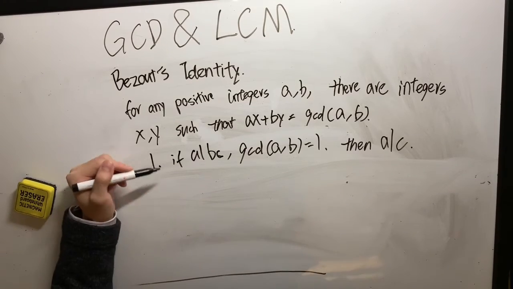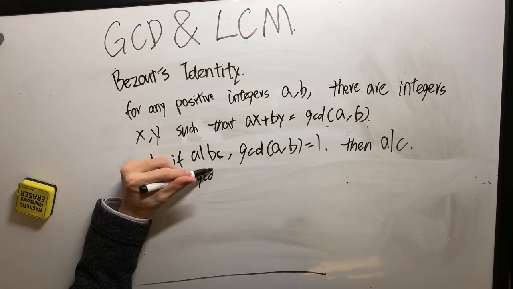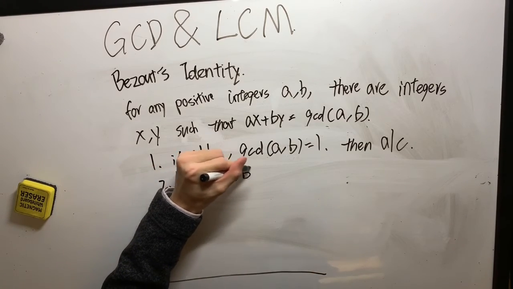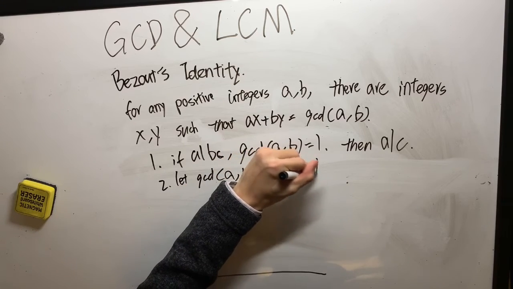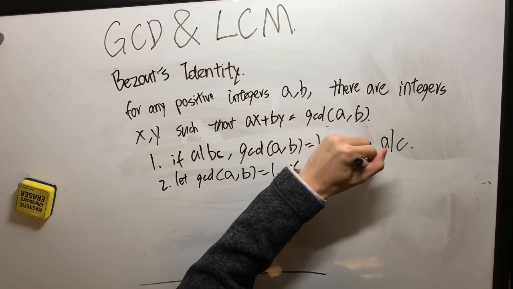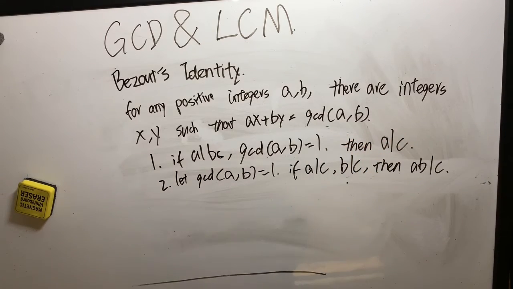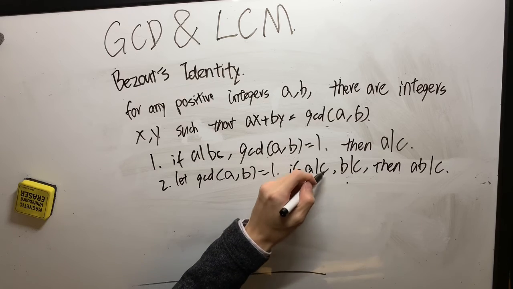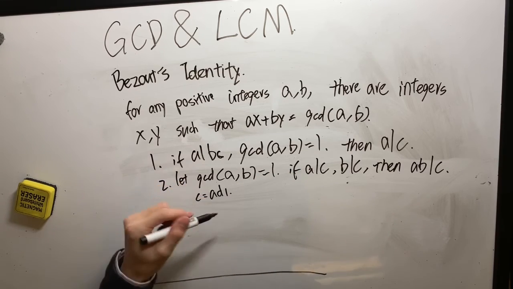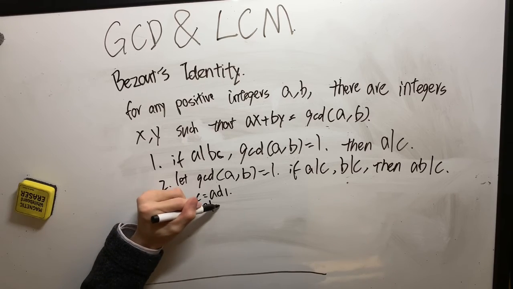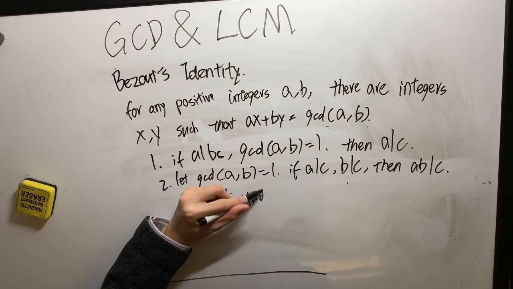For the next one, we have that GCD of A and B equals 1. If A divides C and B divides C, then AB divides C. To prove this, let's make C equal to AD1, then B divides AD1.